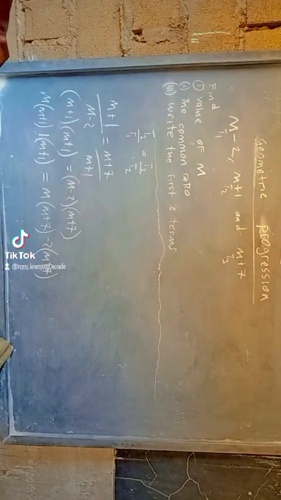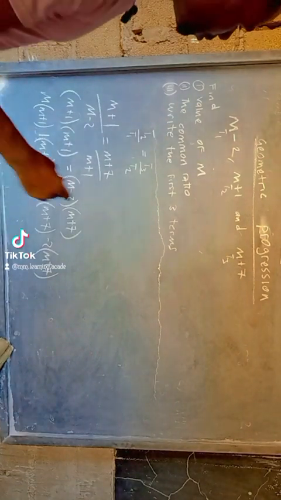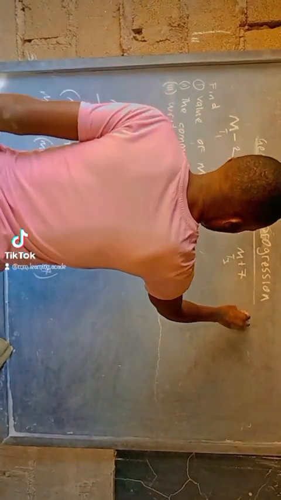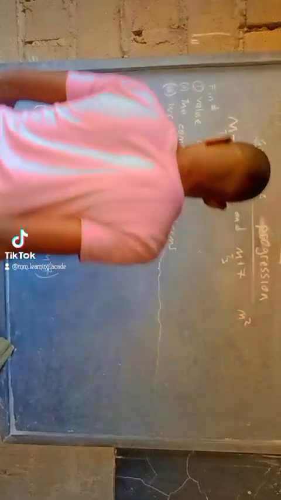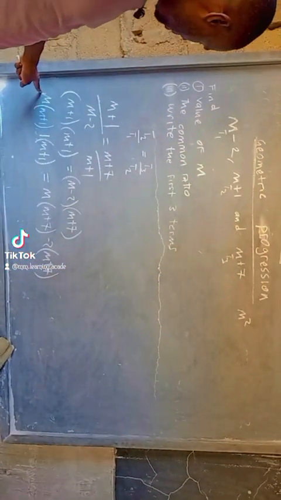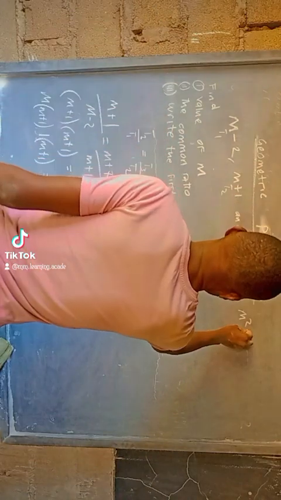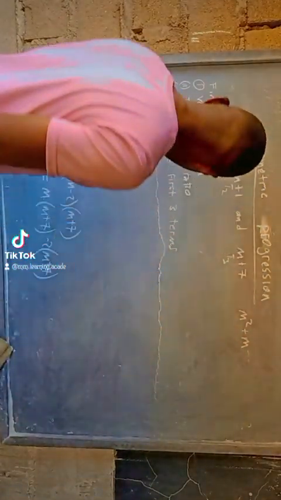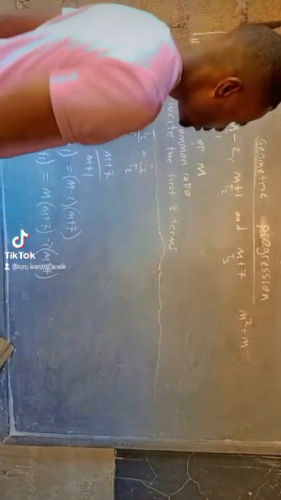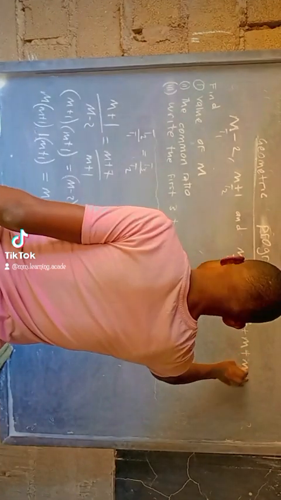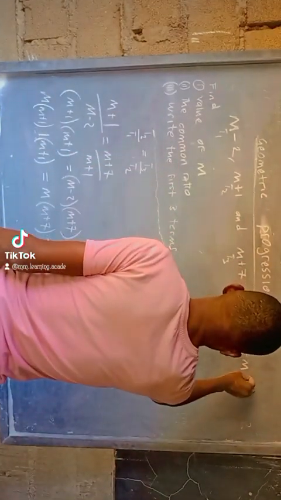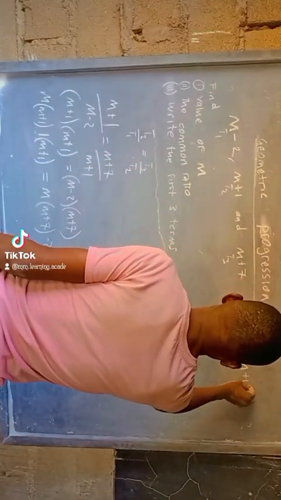If we expand, m times m gives us m squared. m times 1 gives us m. Then 1 times m, which is positive m, then 1 times 1, which is 1.